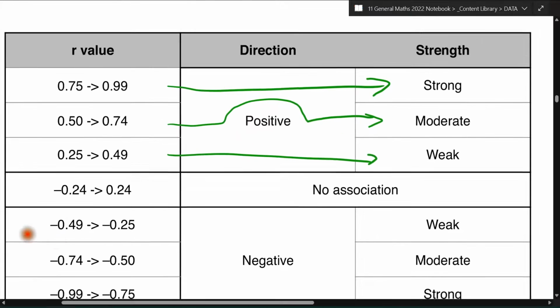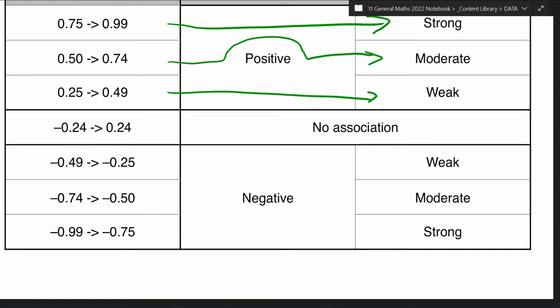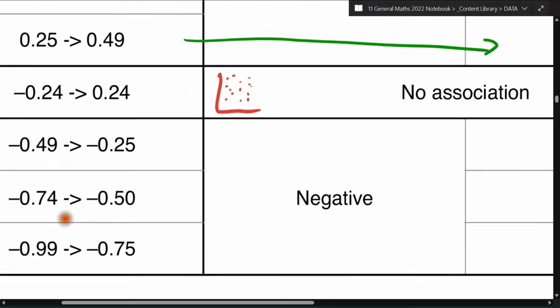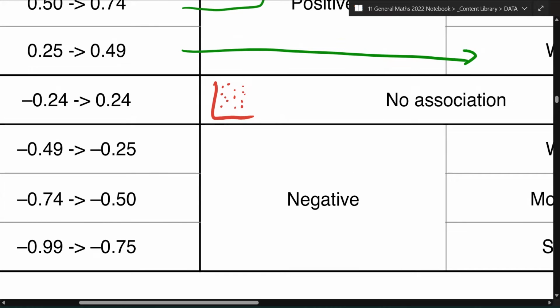Okay, anything between -0.24 and 0.24 is going to be considered no association, because when you look at a graph that looks like this, it's probably going to look really random like that. Okay, a bit too random to be able to tell what's the direction, what's the strength. Okay, it's really hard to tell.